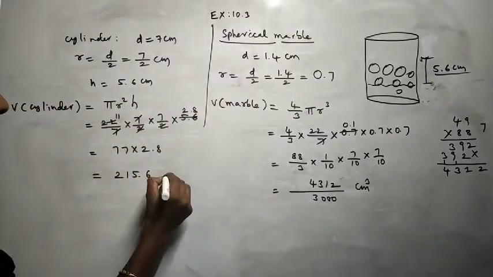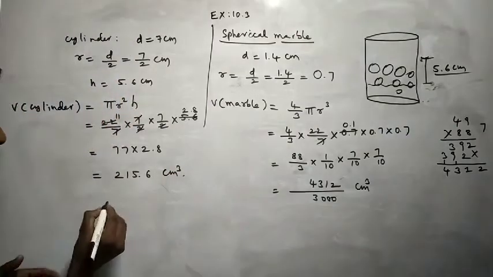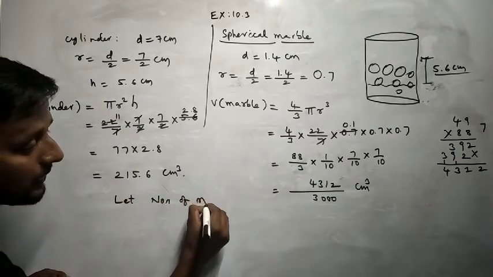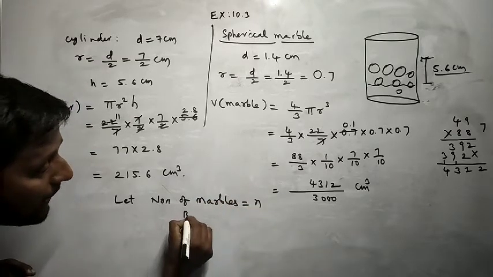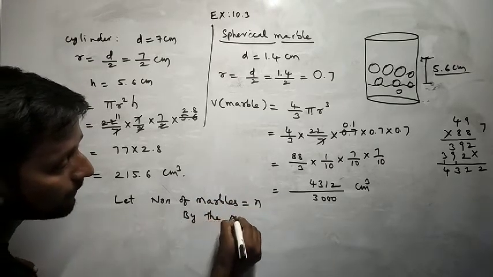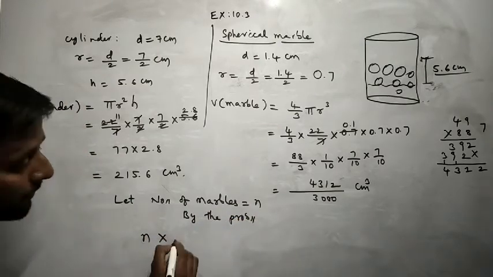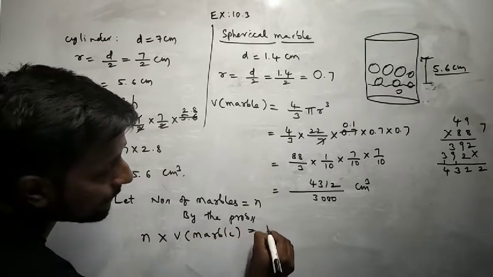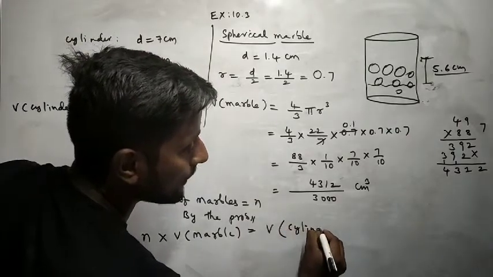It is the volume of one marble. So let the number of marbles be n. So what does the problem tell us? We used n marbles. So the volume of the marbles is equal to the volume of the cylinder, that is, the water quantity.